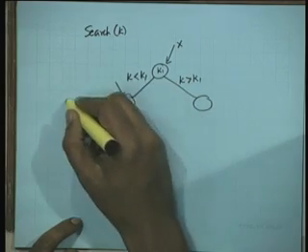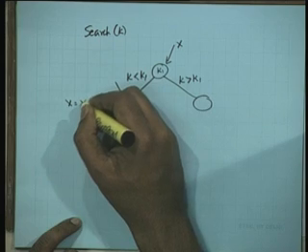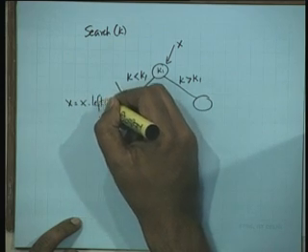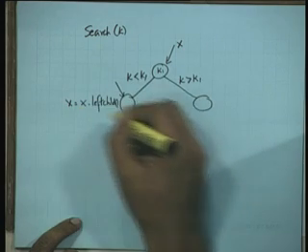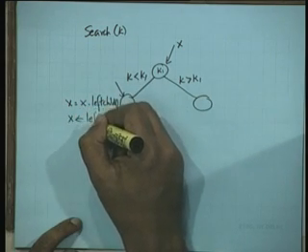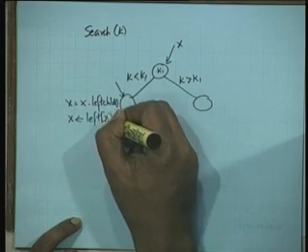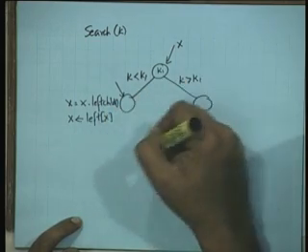So x gets a new value, which is x dot left child, or actually in the code that I showed you just now, I had written it as x gets left of x, in pseudocode I can use any one of these. So this is what it gets to, and we continue the search.